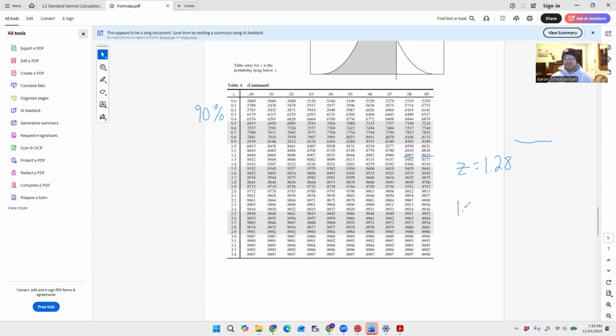Now I'm going to work backwards. This is my step 3. I've got my sketch. 0.9 is this area. So I don't know what my score is.